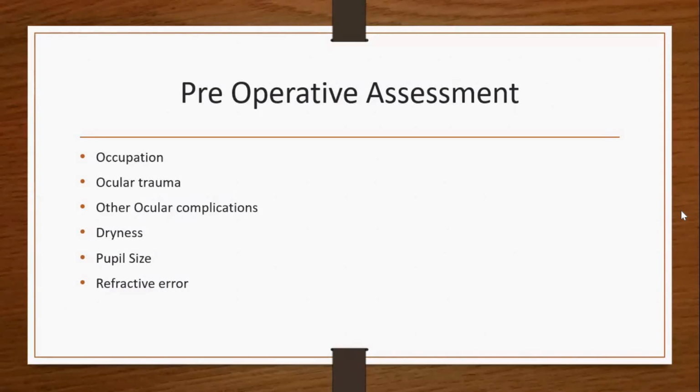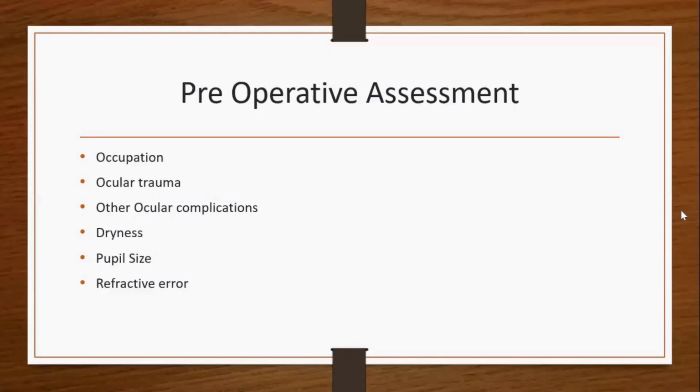Then the pupil size. Pupil size plays a major role in a multifocal IOL. Most multifocal IOLs are pupil dependent, so pupil size matters both before and after the surgery. Most IOLs are designed such that the pupil size should not be less than 2.75. If the pupil size is very small, the patient is not eligible for multifocal lenses.